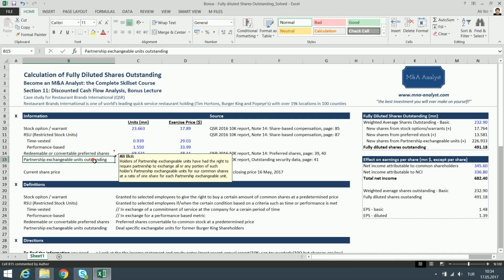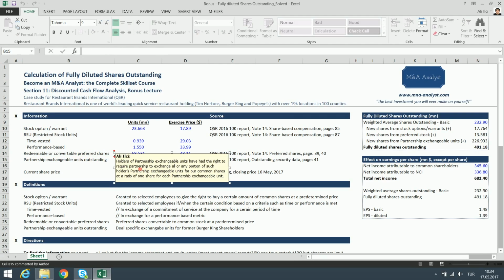This is also an interesting one. Probably you haven't seen this one before. This is partnership exchangeable units outstanding. So when Burger King acquired Tim Hortons, they offered some convertible units under the name partnership exchangeable units to former Burger King shareholders, so that whenever they want, Burger King shareholders would exchange this unit to the new company's common stock, and it's a 1-to-1 ratio.